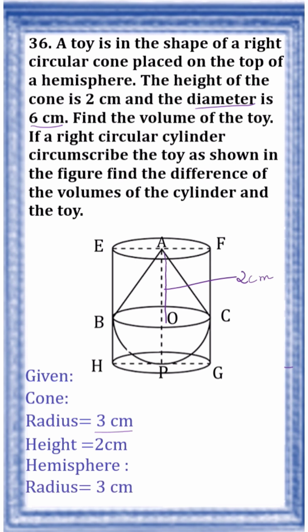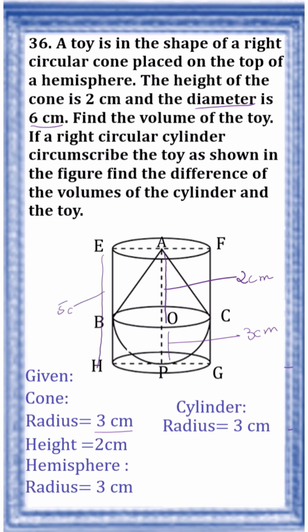For the cylinder, radius is 3 cm, this is 2 cm, this is 3 cm. So height of the cylinder is 5 cm.